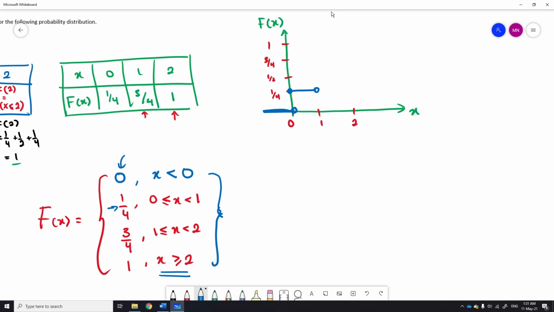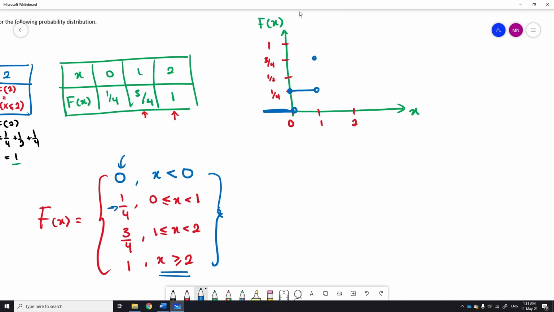Okay, so the next region is x bigger than or equal to 1, where F(x) is 3 over 4.